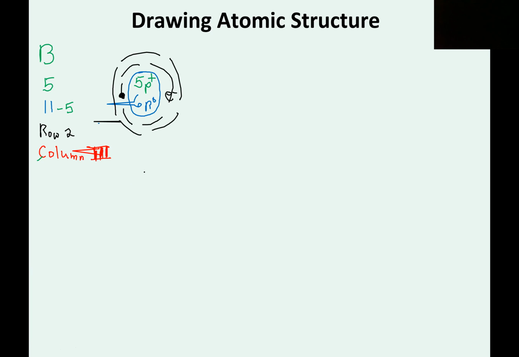One of them should make sense. Then for the valence shell, you're going to have 3 electrons, and I always put them in pairs because it's easier to count. You can also draw this in a single color.